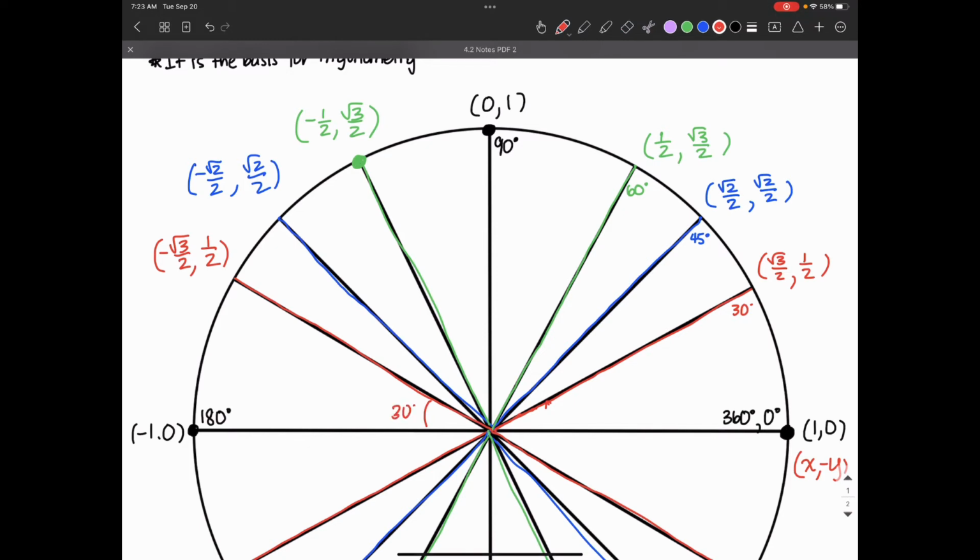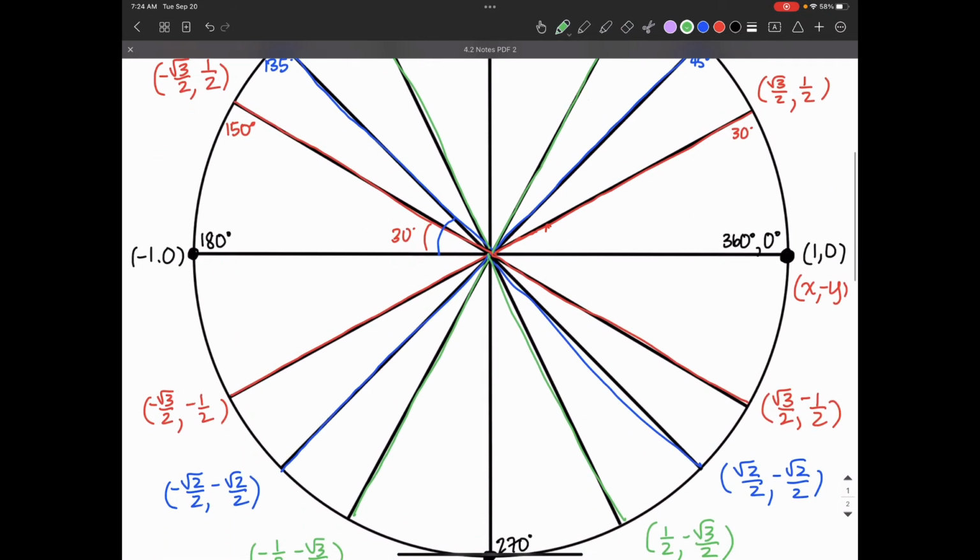So this would be 150 degrees. And then for this one here, this angle is 45 degrees, so I would subtract 180 minus 45 to get 135 degrees. And then this, going from here to here, would be 60 degrees. So I know that the angle here would be 120 degrees.